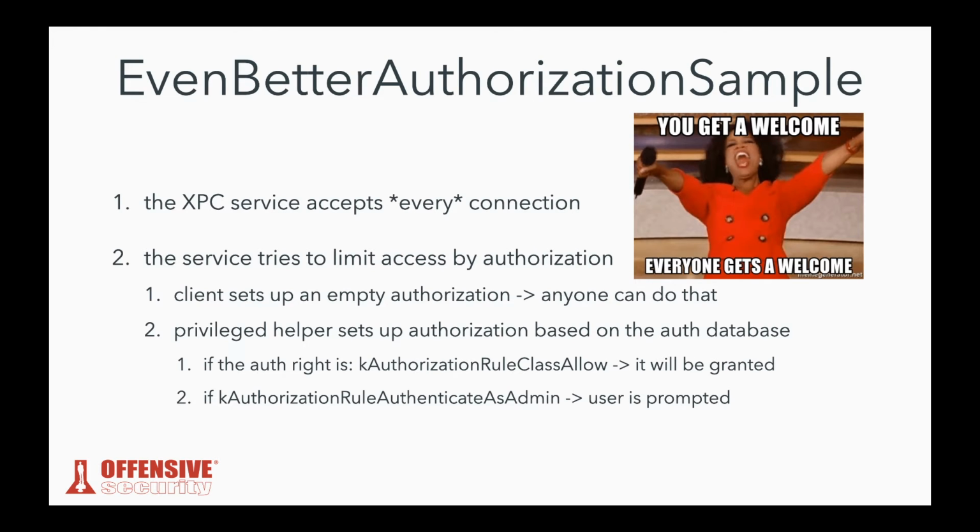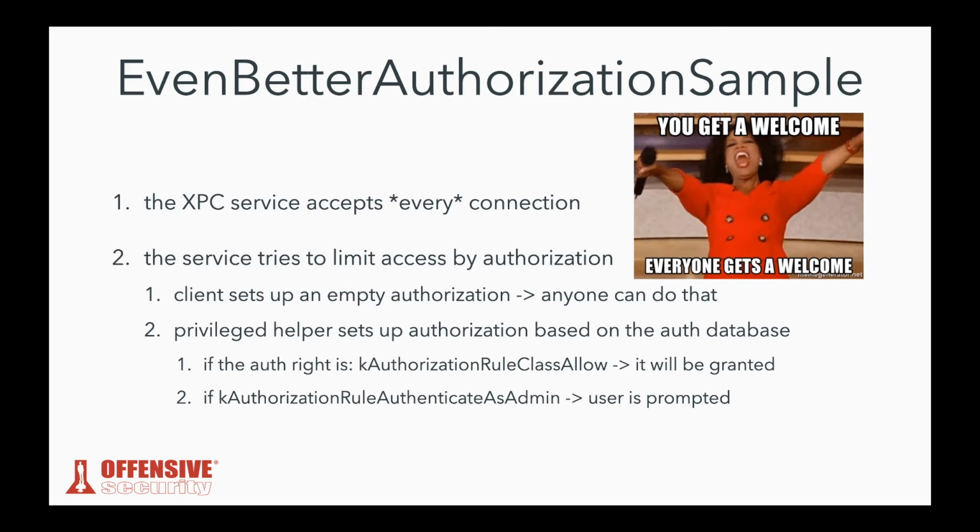Then the service itself tries to limit functions based on authorization. Now, when you do authorization on the XPC service, you need to pass an authorization reference from the client. But the client, at first hand, will only set up an empty authorization, which anyone can do.